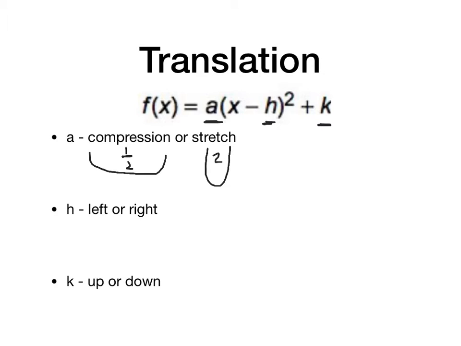When a is negative, what do you think is going to happen to the parabola? When a is negative, the parabola is going to flip and go upside down.